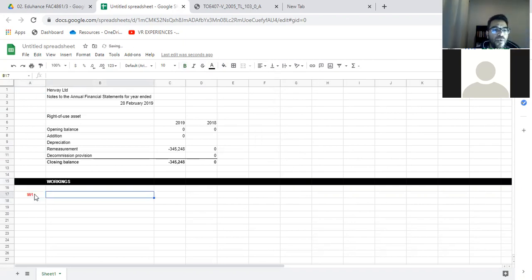For working one, we have to work out the lease liability, and we have to work out the right of use asset.